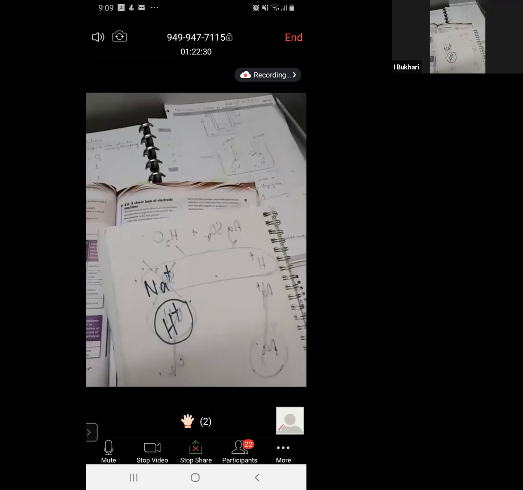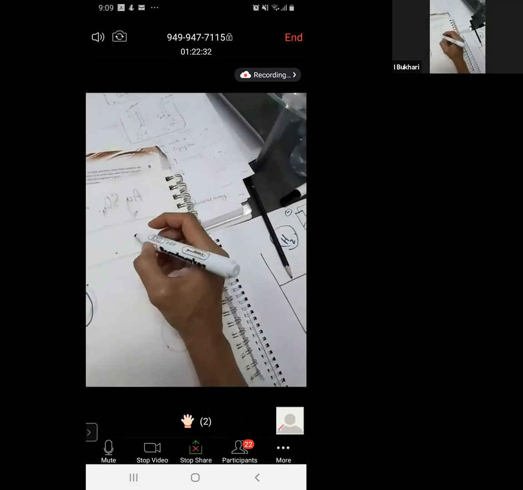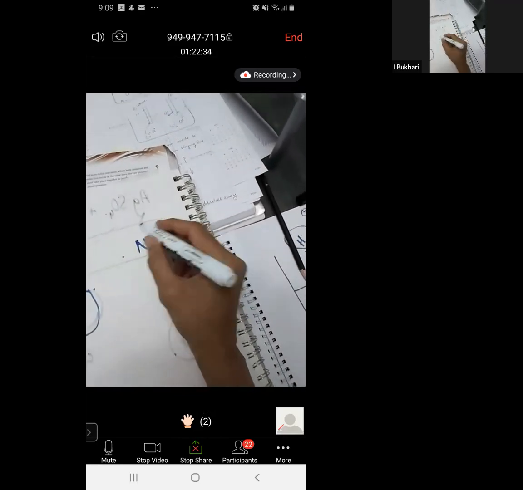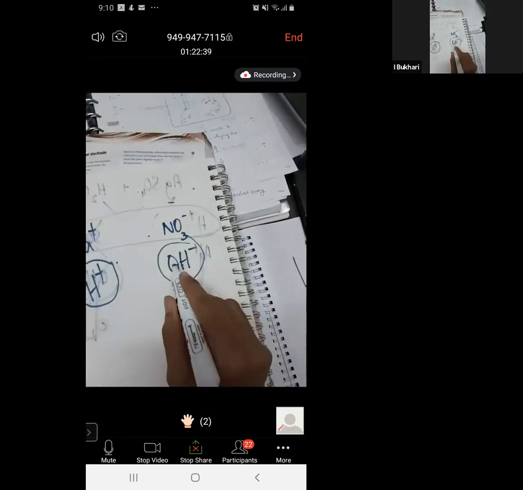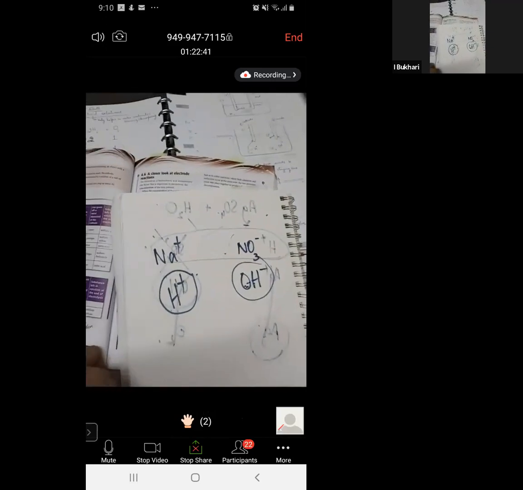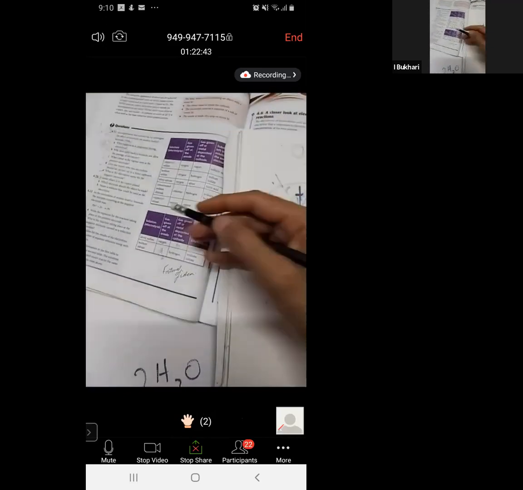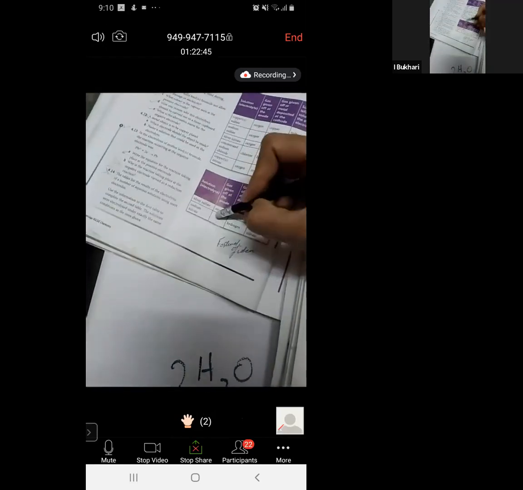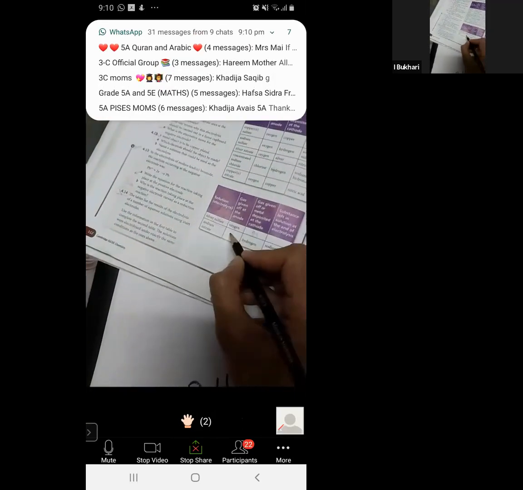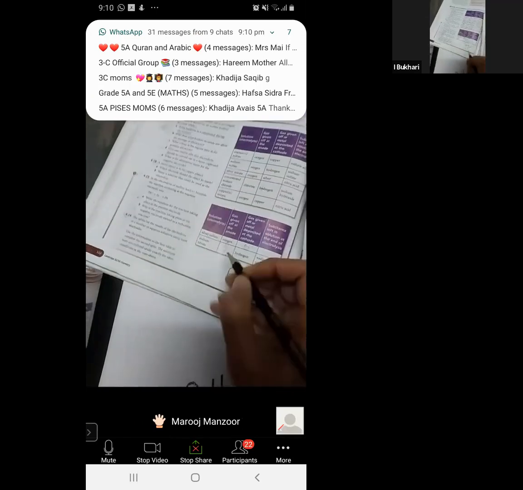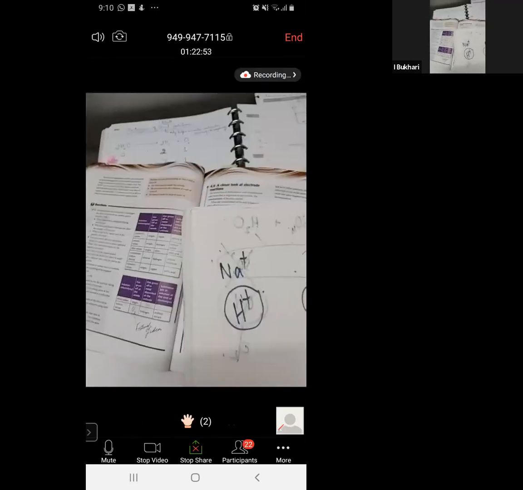And then at the anode, we have nitrate. Nitrates, by the way, also stay in solution. Hydroxide is discharged, so oxygen will be released. Here, this is wrong. You should write oxygen here. Hydrogen at the cathode, and then what is left behind?